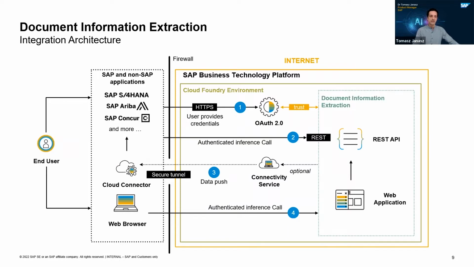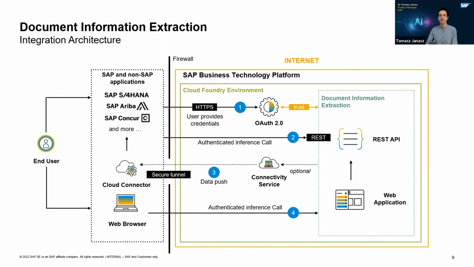Okay, so now let's turn to the integration architecture side. Document information extraction is provided as a reusable service on SAP BTP. This service is provided in the form of RESTful APIs, and hence it's easy to consume for any kind of integration, be it with an SAP or non-SAP application.